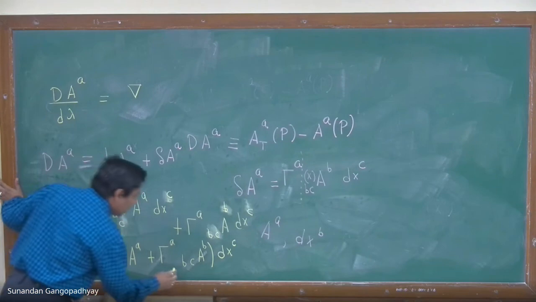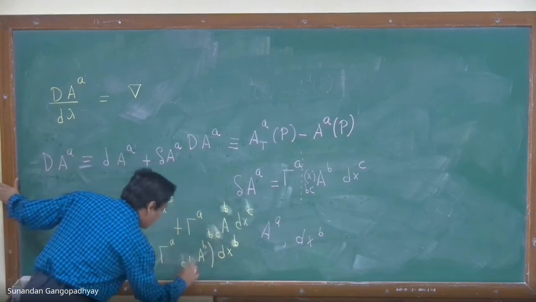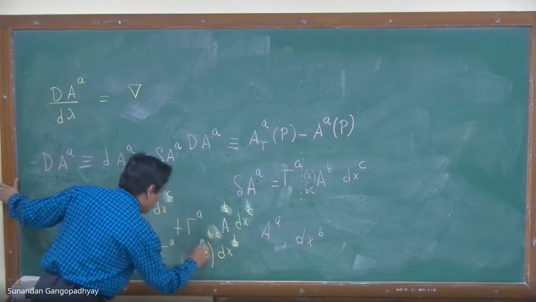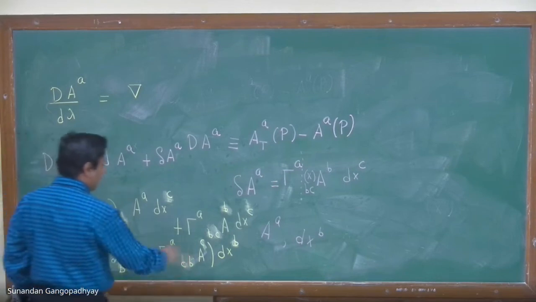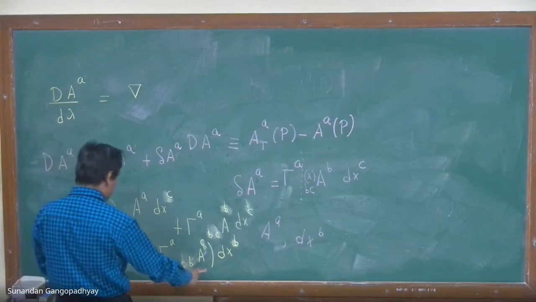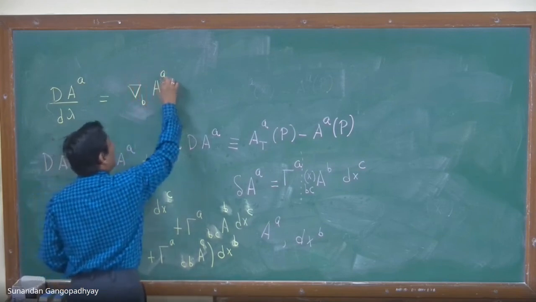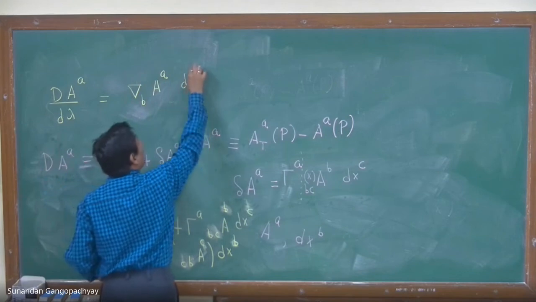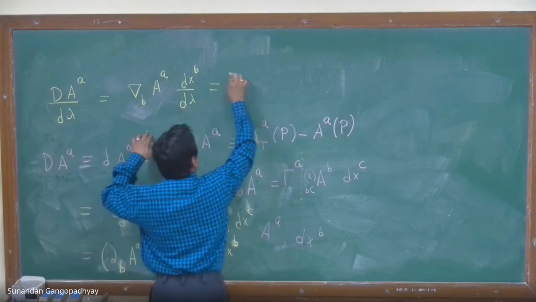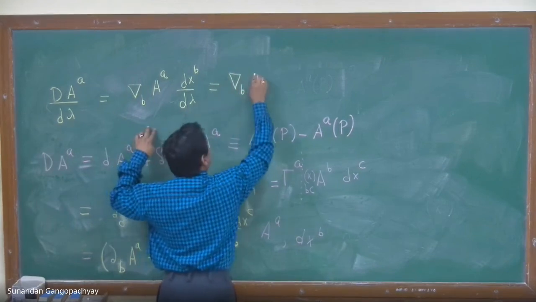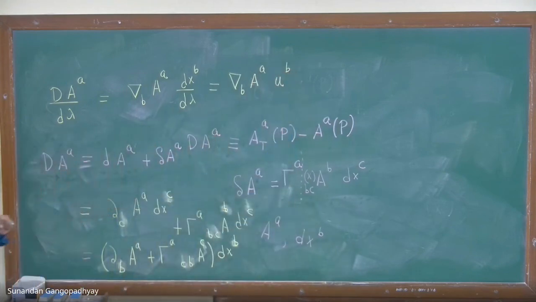This is B. This is C. So if you divide by d lambda throughout, this particular object I shall call grad B, A of A, dxb d lambda, but dxb d lambda, basically grad B A, it's a tangent vector.